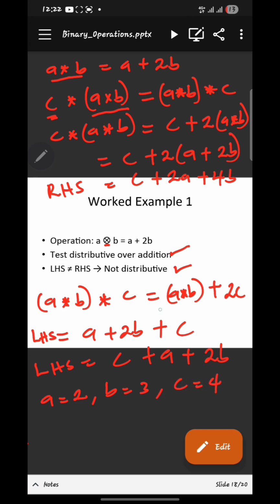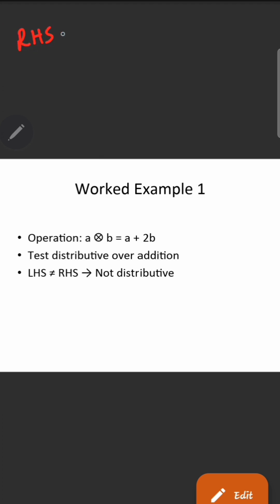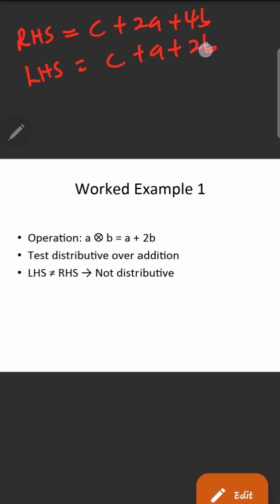If you substitute these values in both left and right hand side, the right hand side gives us C plus 2A plus 4B, while the left hand side gives us C plus A plus 2B.